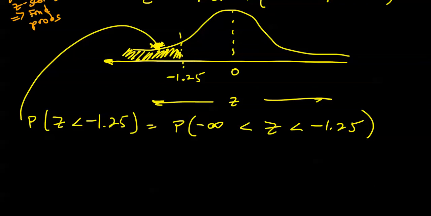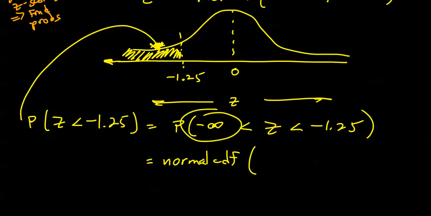And as you might guess, we're going to use our normal CDF command under the distribution menu. You've got to put a left boundary. Again, your calculator does not have a negative infinity button or command. Our author asks us to use negative 999,999 as our approximation for negative infinity. So negative 999,999 will be our left bound, and our right bound will be negative 1.25.